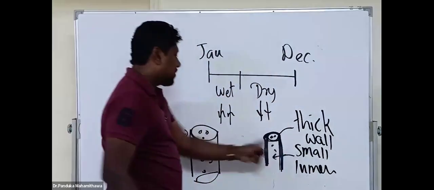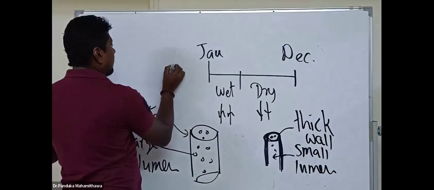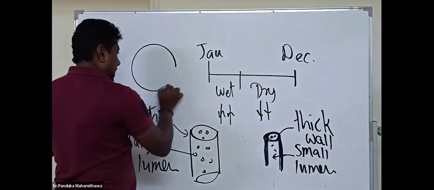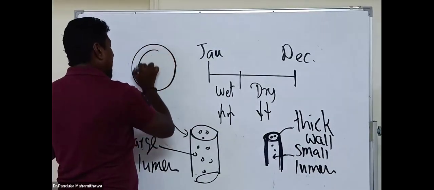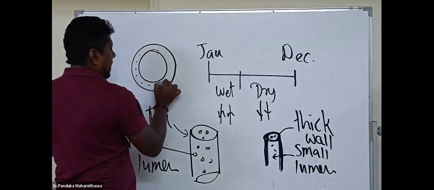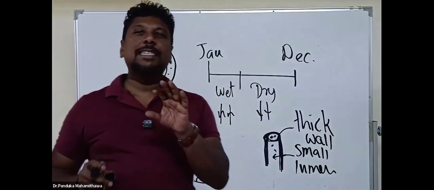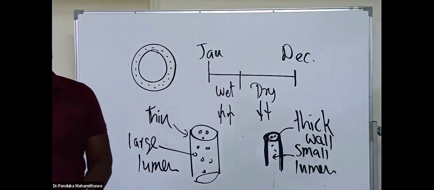Now, because of these two differences, the secondary xylem made in the wet season is somewhat fair, light in color, right?